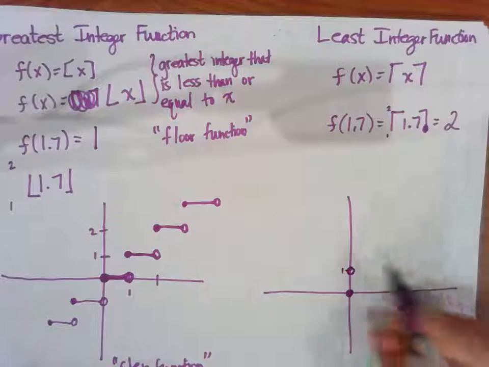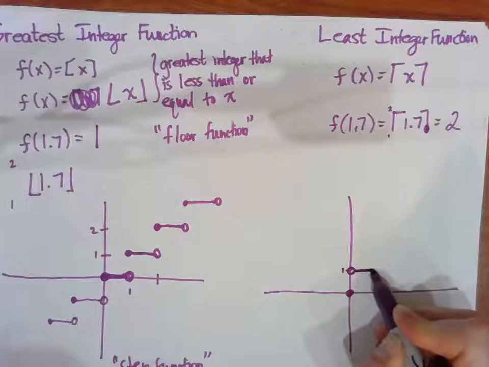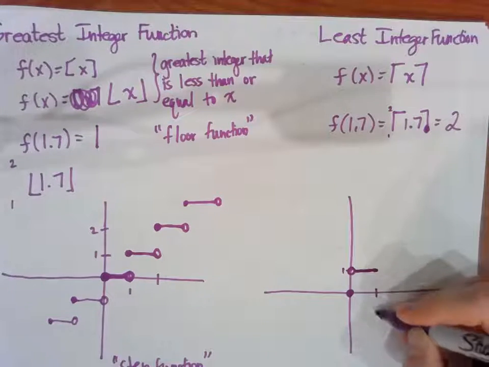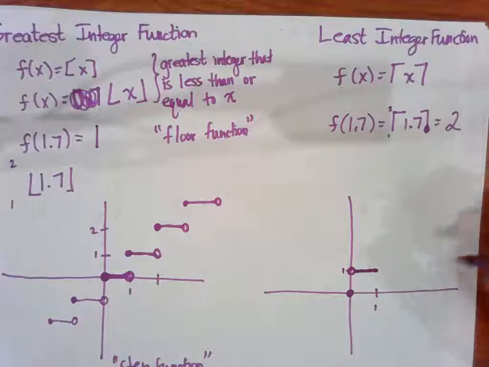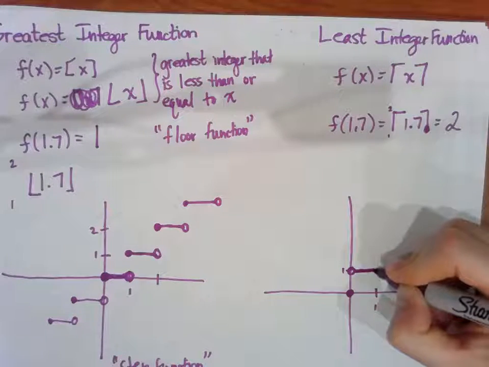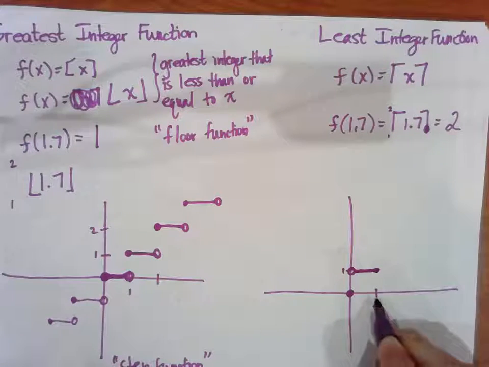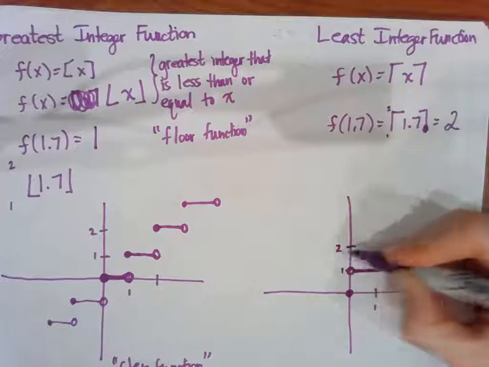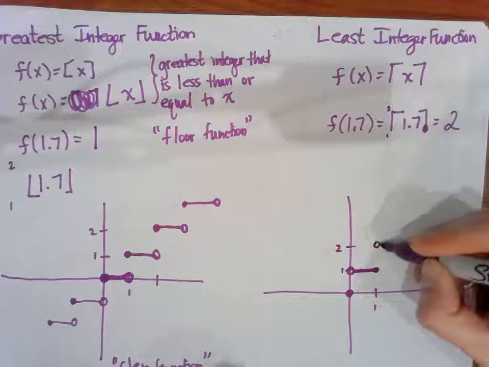It won't be there at 0, but it will be at 1 all the way up until we get to 1. When we get to 1.0, its ceiling is still 1, but anything over 1 is going to hop up to 2, because we go to its ceiling.